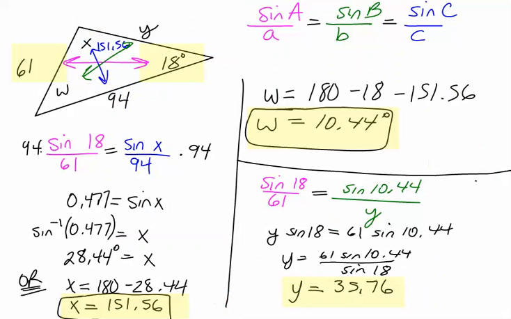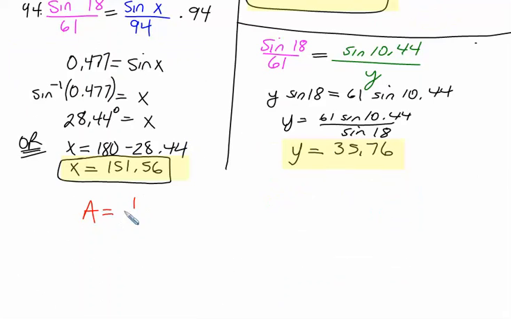Then the last thing we discussed was how to find the area of the triangle really easily. What you can do is take one side, a side right next to it, and use the sine of the angle. So we could take 61 and 94 and the sine of w. Remember, the area is equal to 1/2 times those two sides multiplied together times the sine of that angle, which was w, which was 10.44.